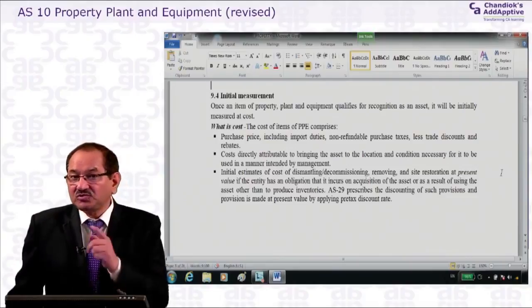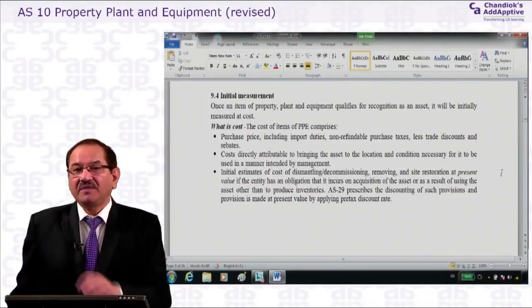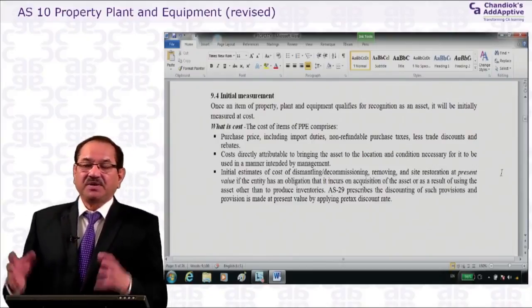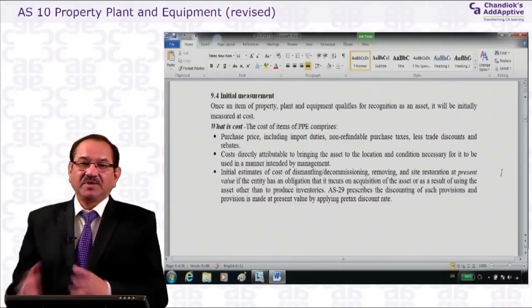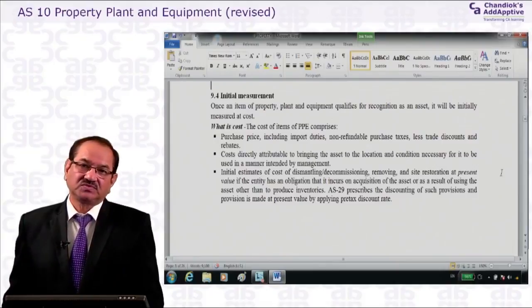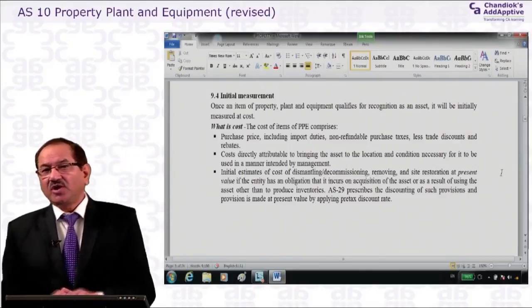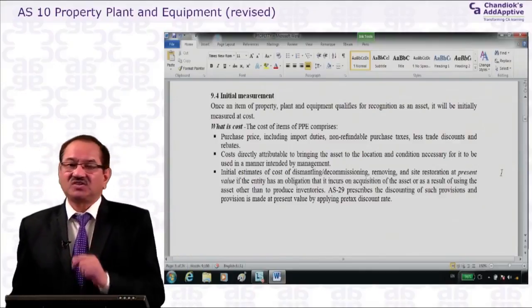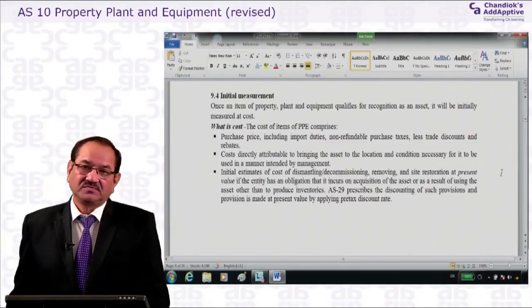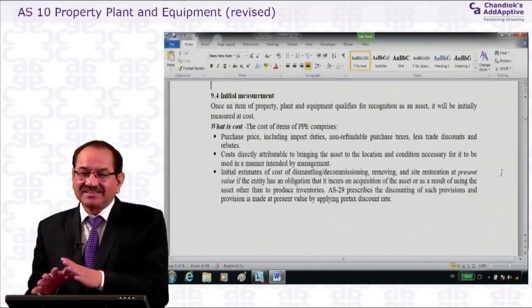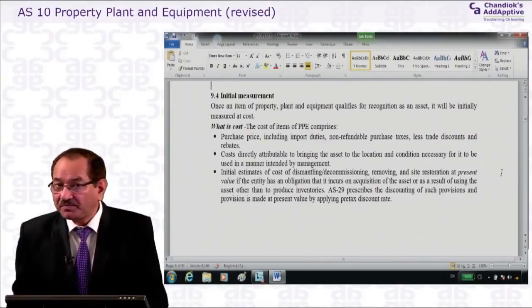And you feel that in 2000, you have a total cost of land and building and the plant and machinery of maybe 50 crores. And you know that after 30 years, you have to incur another 10 crores to restore the site to its original position.